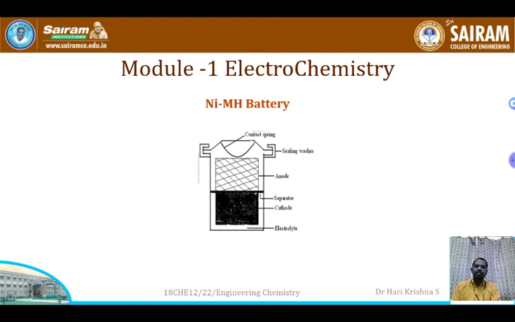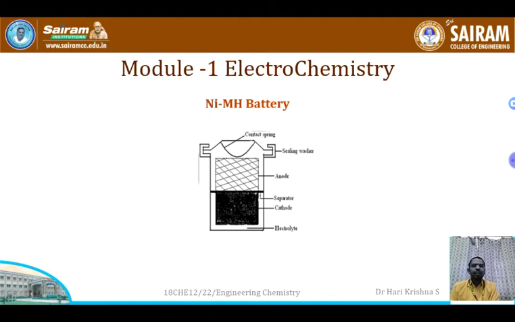Let us start with the construction of the nickel metal hydride battery. The electrodes are made up of porous nickel foil or grids. Both anode and cathode are made up of nickel foils or grids on which the active species are coated.